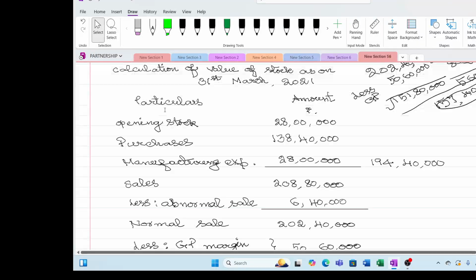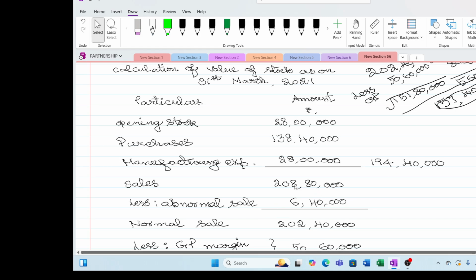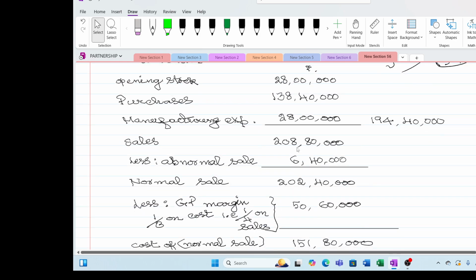So I have presented here opening stock, purchases, and manufacturing direct expenses. This is the total cost of the items available in the business ready for sale. Out of that, some items were sold at a value of 208 lakh 80,000. This value is not the cost. This has got cost plus gross profit margin. So what I did, I bifurcated both the sales separately. One sale is of 6 lakh 40,000.